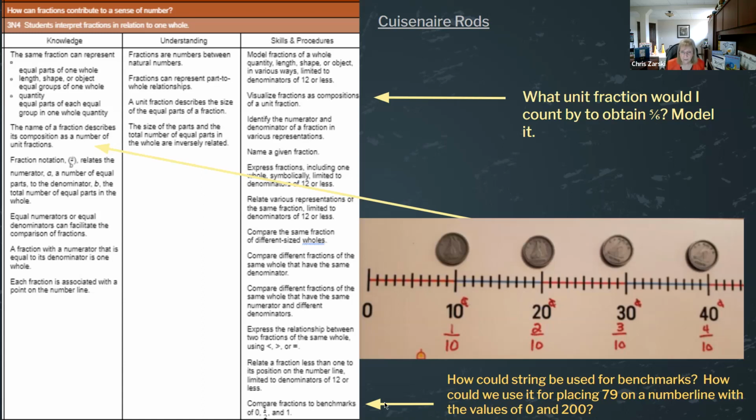So remember, transfer is, can I take what I've learned and transfer it to a new situation? So if I take a string and I just give them a piece of string and say, your string is the whole, then they know that the one end is 0 and one end is 1. That's my whole. And I say to them, show me approximately where 1/4 would be.